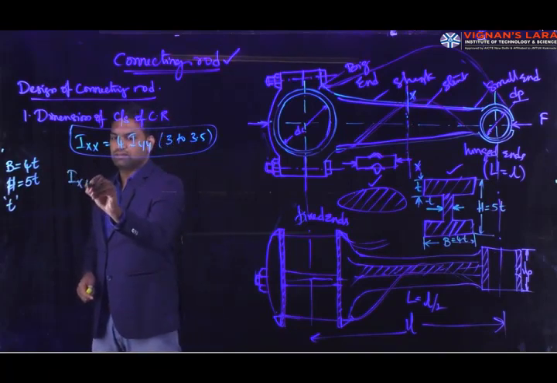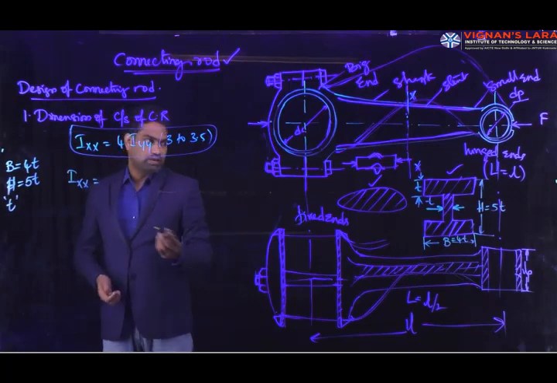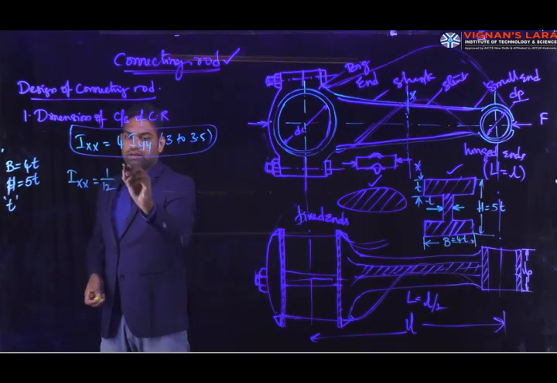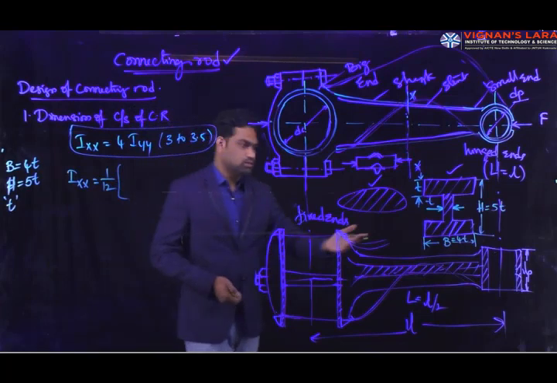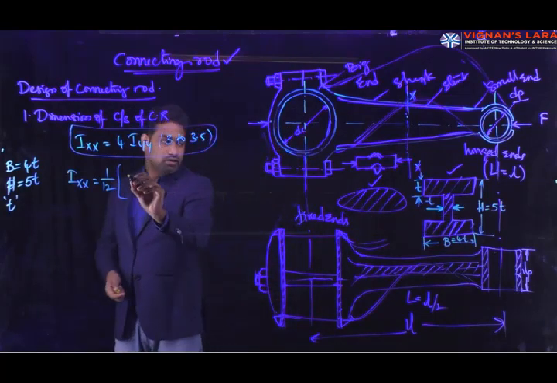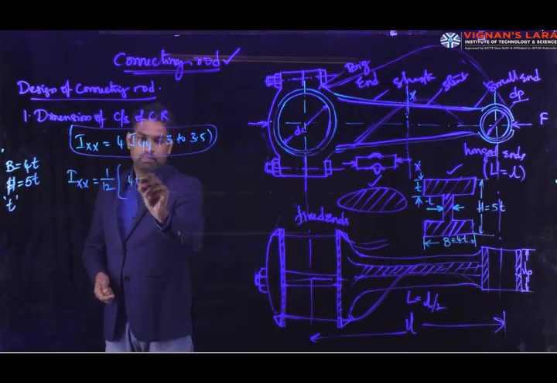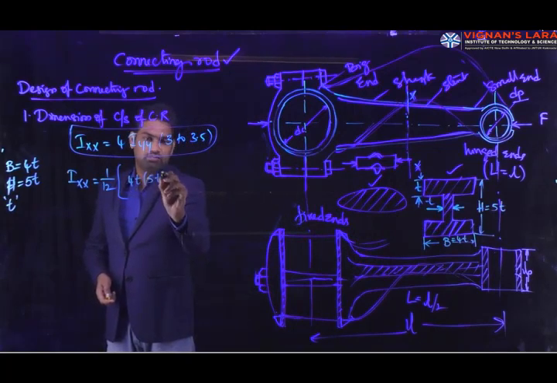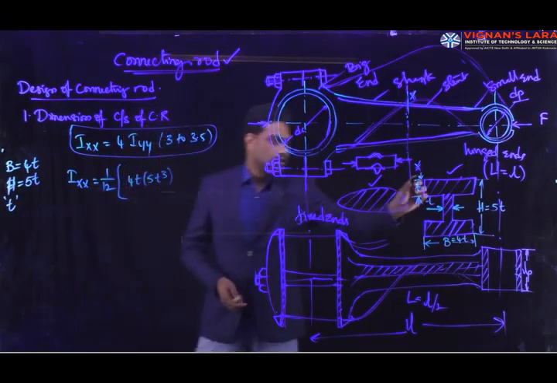The value of Ixx is given by BD cube by 12. Here B is 4t and h is 5t, so BD cube means 4t into 5t cube. That gives the total rectangular area.